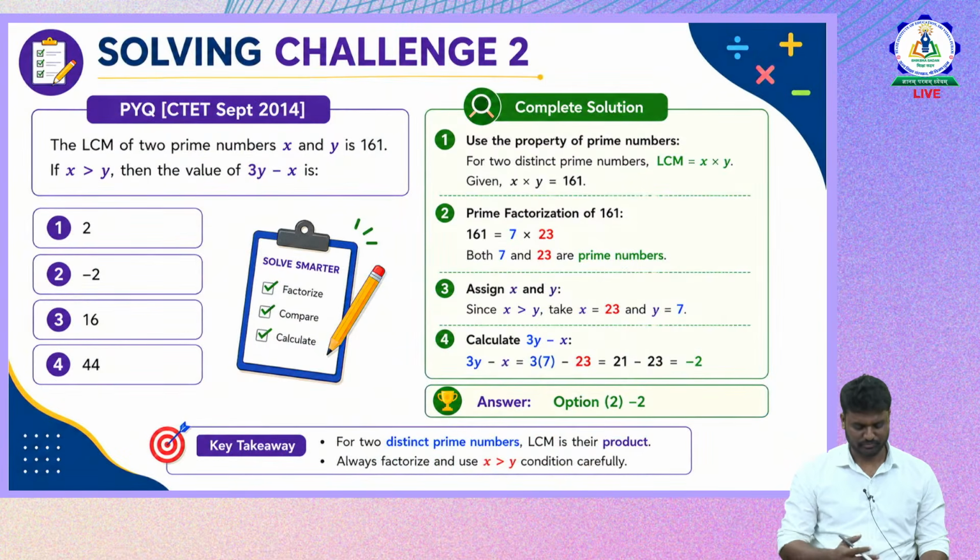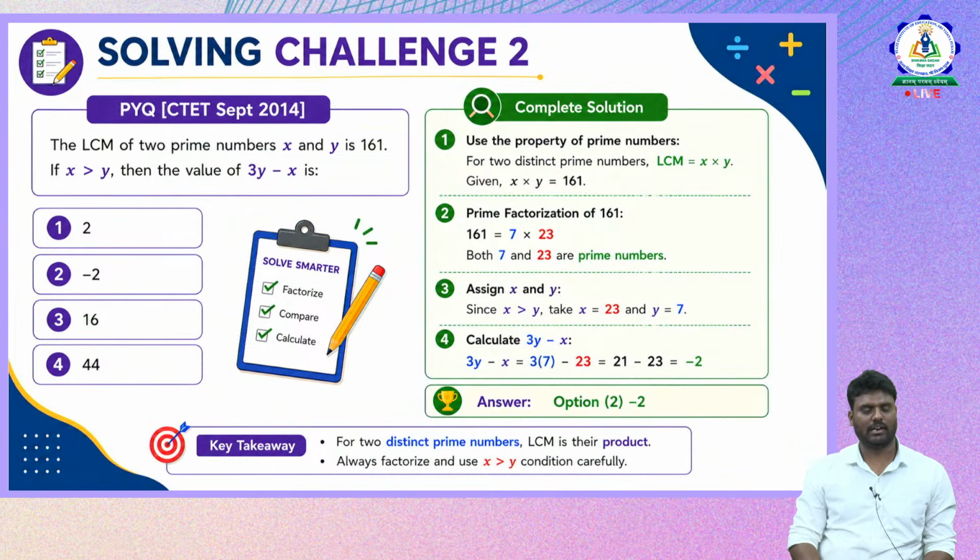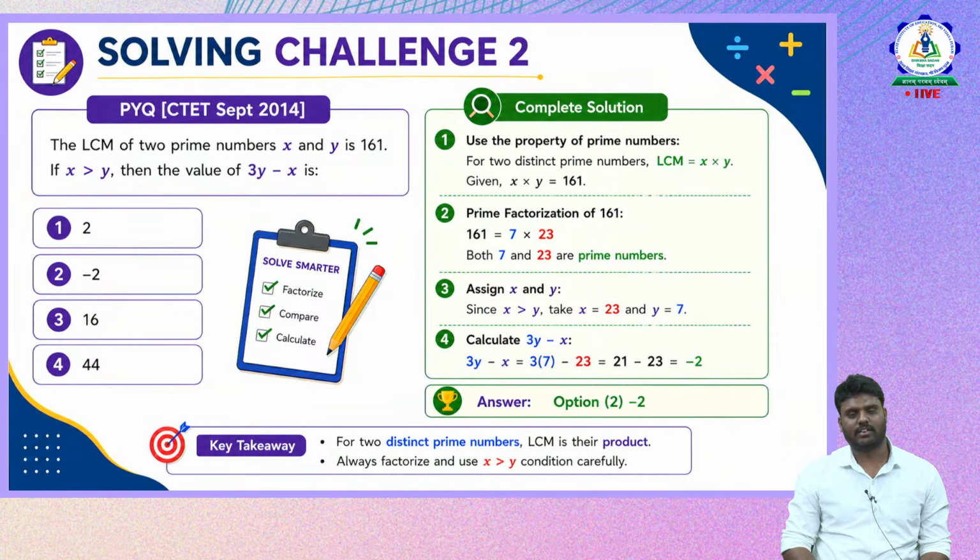Okay, now there is another question. Let us say the LCM of two prime numbers x and y is 161. If x is greater than y, then find the value of 3y minus x. Try to see what they are asking.